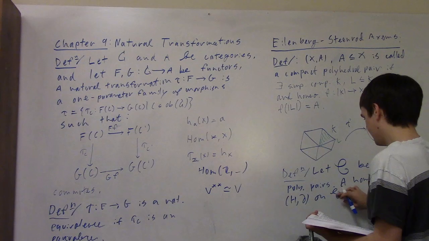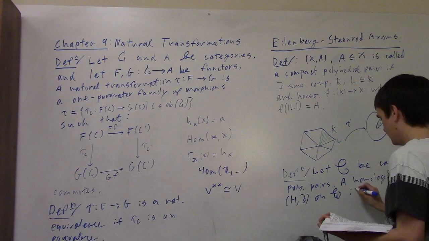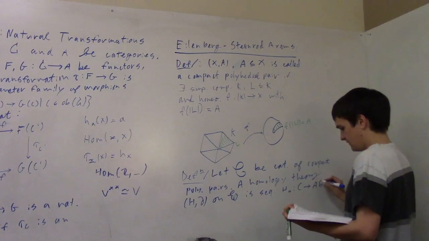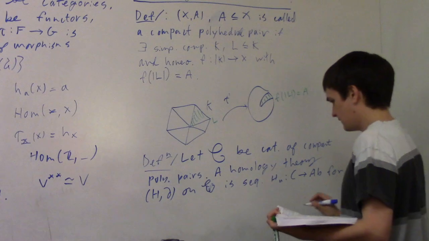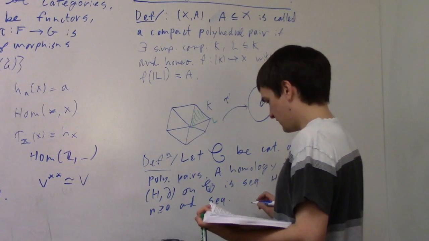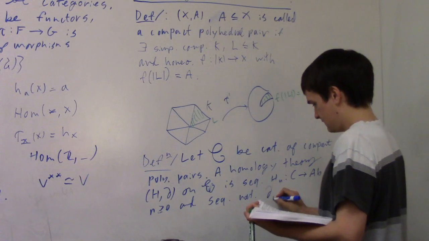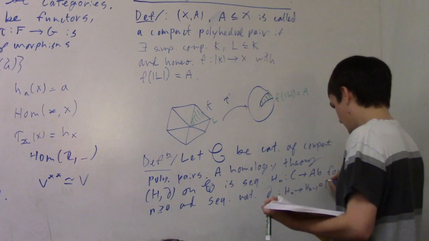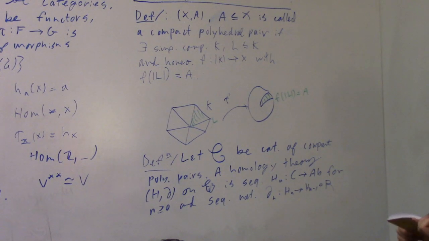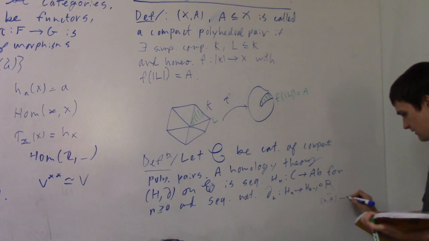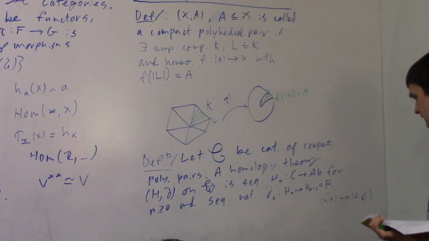It is a sequence H_n for n greater than or equal to 0, and a sequence of natural transformations from H_n to H_{n-1}, where this thing here, they say, is from exercise 94, and it's a functor from pairs (X, A).